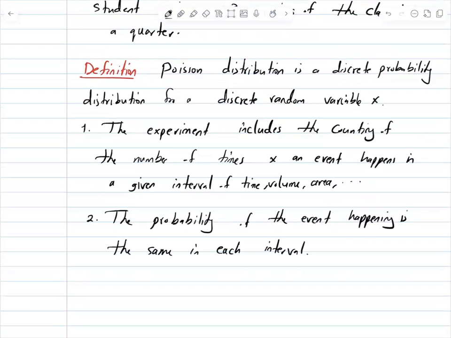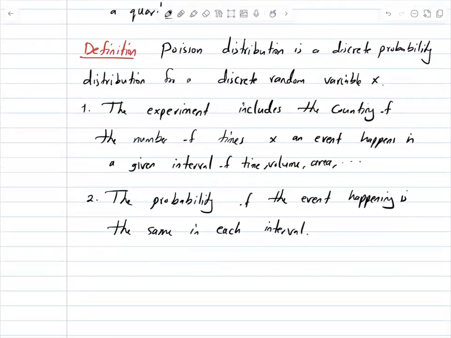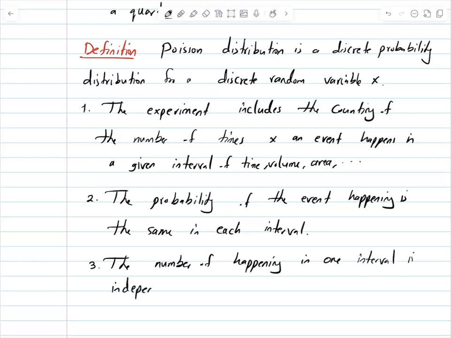Number 3, the number of happenings in one interval is independent of the number of happenings in other intervals.